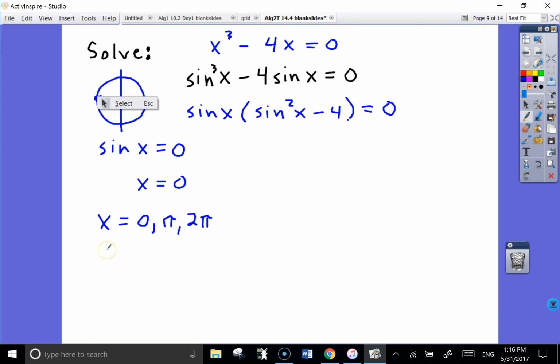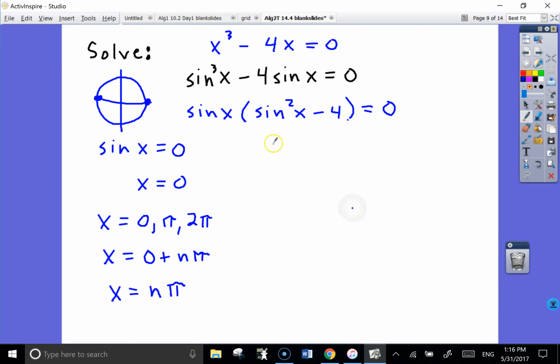So you could write it like this: x equals 0 plus n times pi. That means don't just go 2 pi, go every pi. At that point, there's no purpose to have the 0 plus. It's just n times pi. That's the solution that we get from sine of x equals 0.